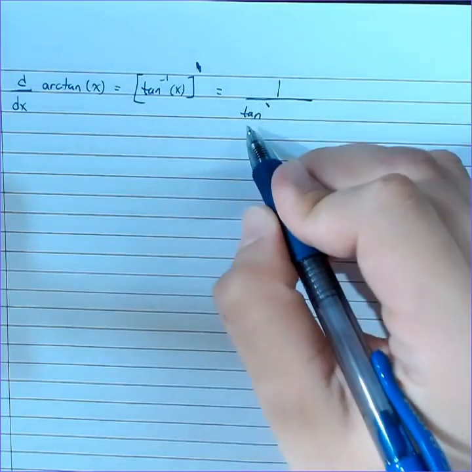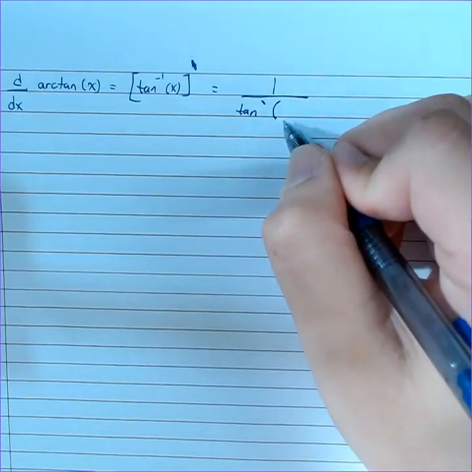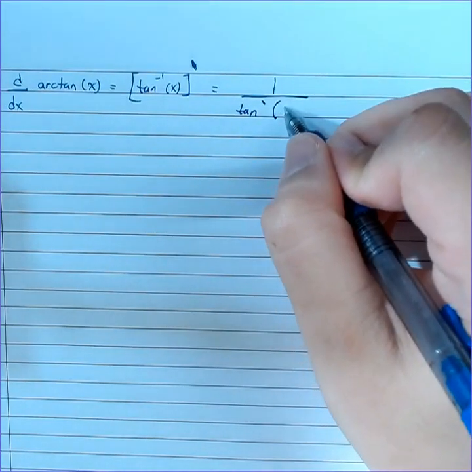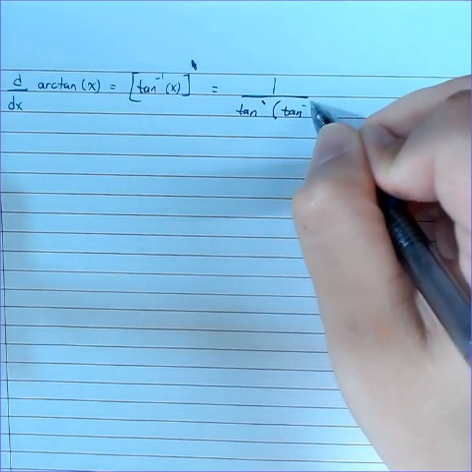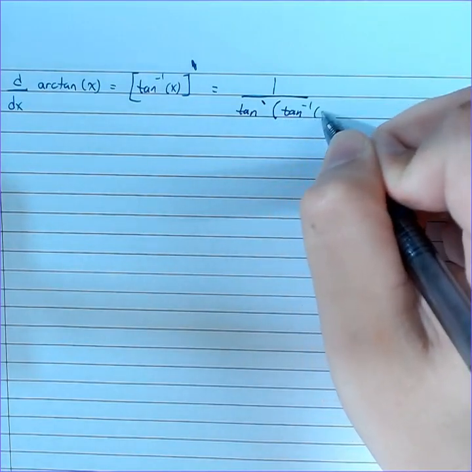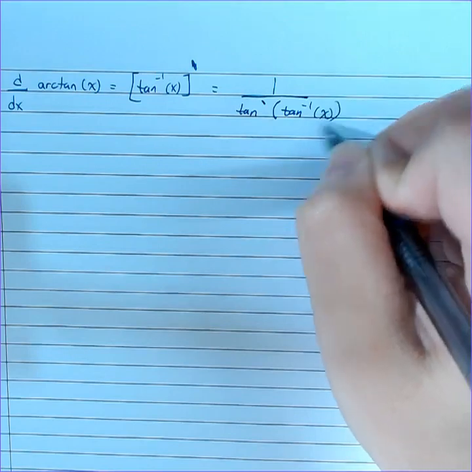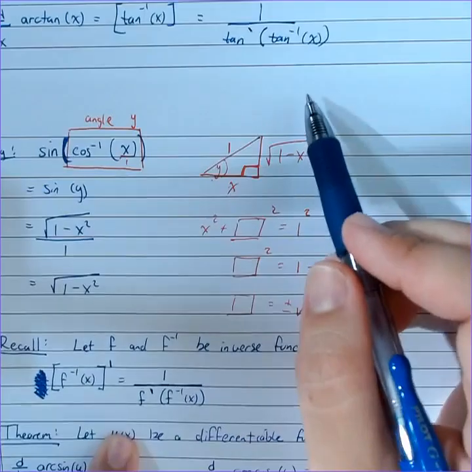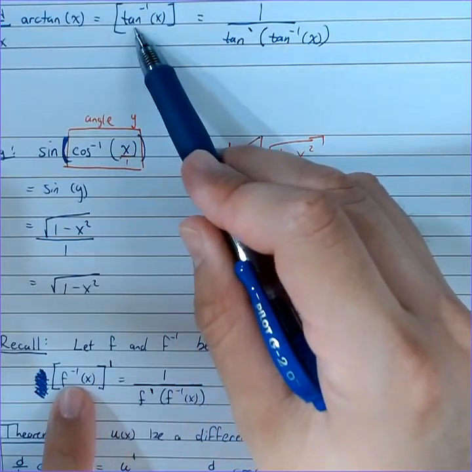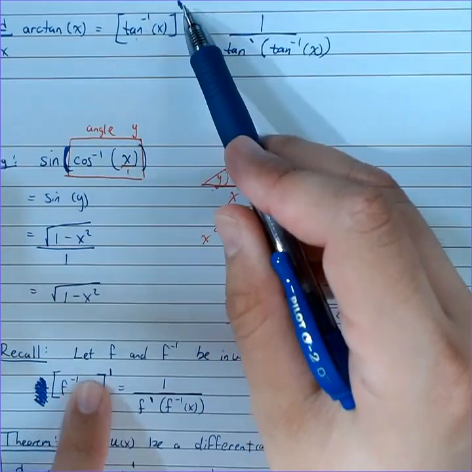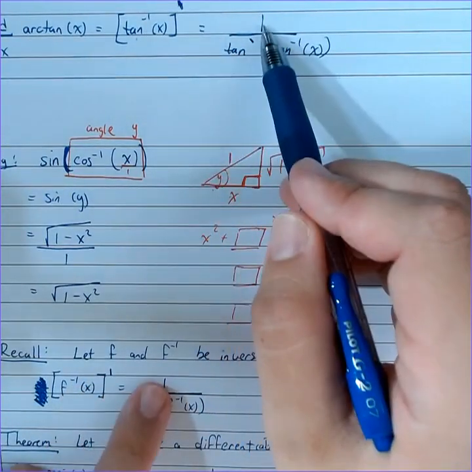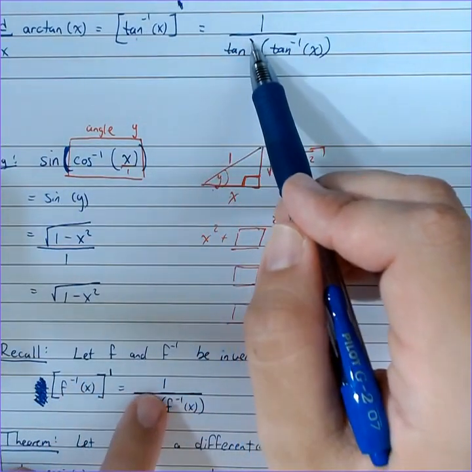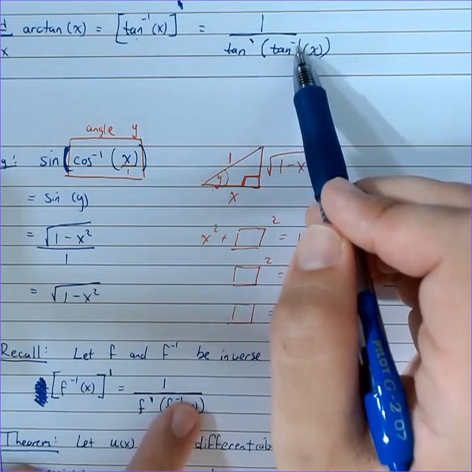The derivative of the original tangent of the inverse tangent, just like that. All right? That's this formula. F inverse prime is equal to 1 over f prime of f inverse of x.